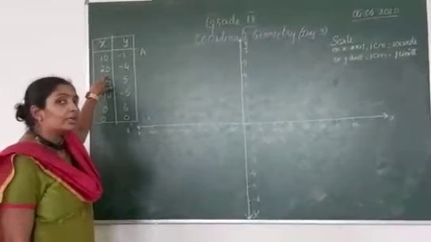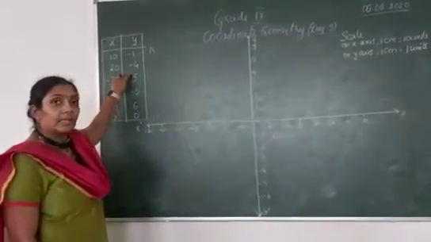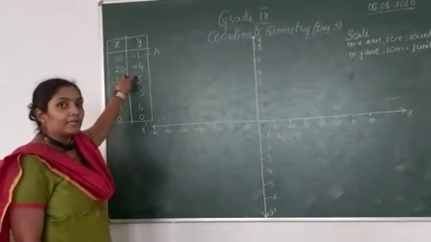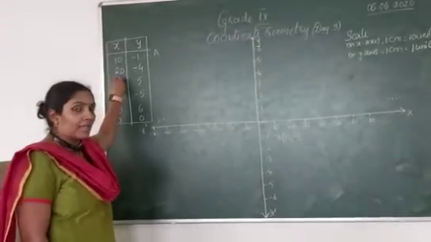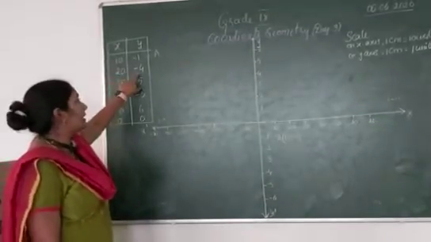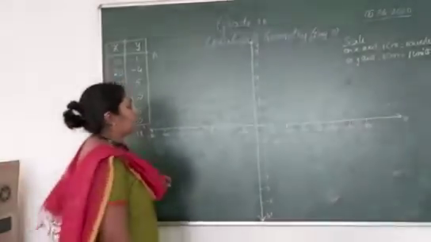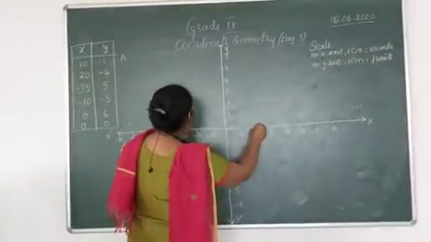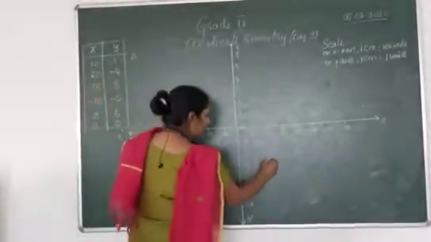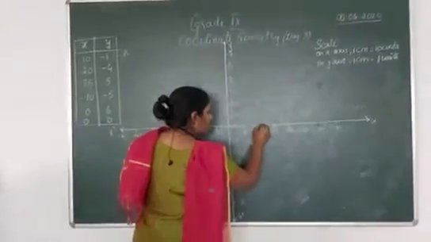In which quadrant will this come? It is again positive and negative. The x coordinate is positive, the abscissa is positive and the ordinate is negative. So for x equal to 20, the y value is minus 4. What do we do here?